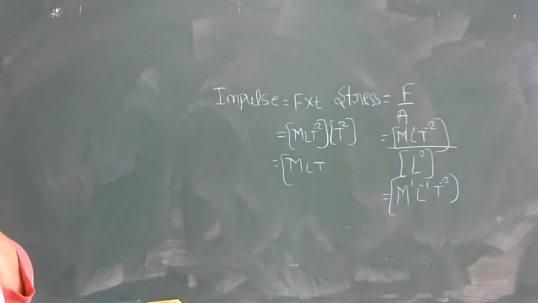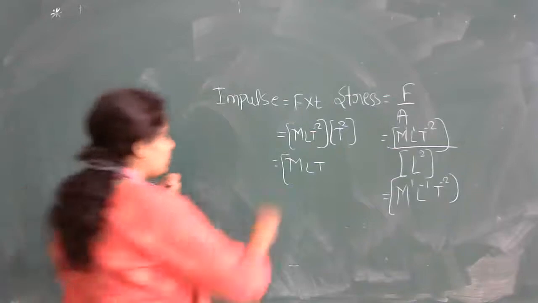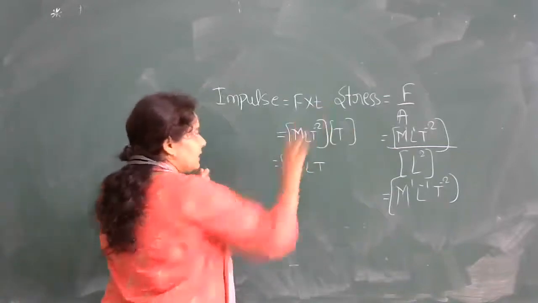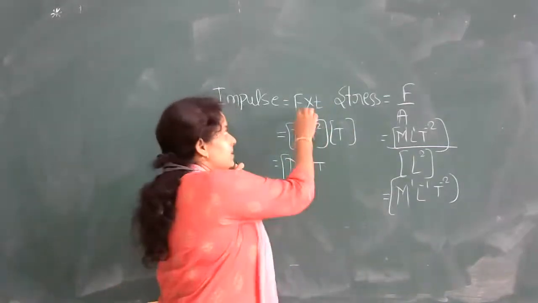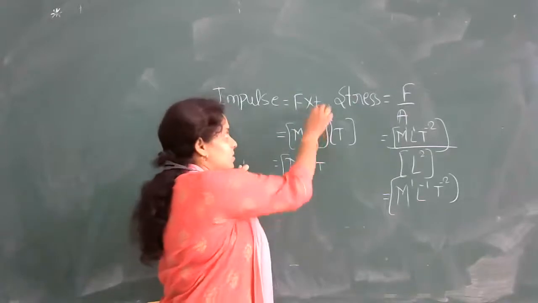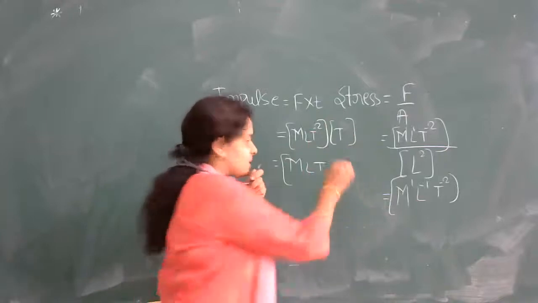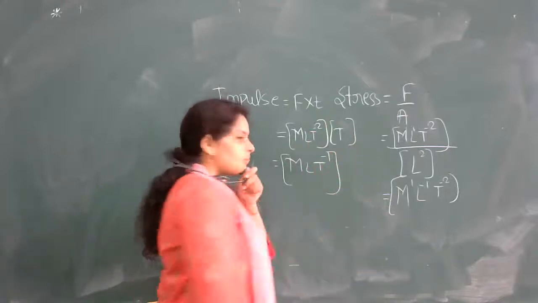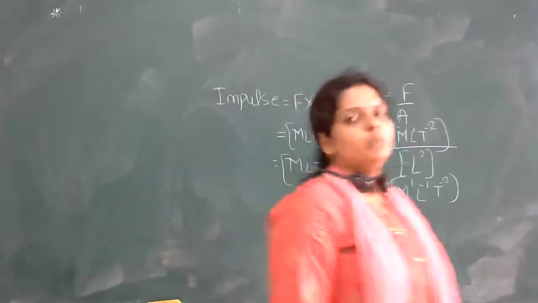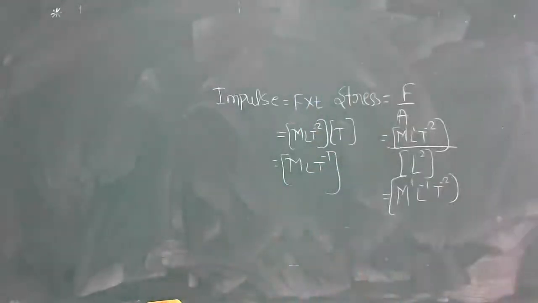One second. Here you have time, not time square. No, this is only T. Right? Force is M L T raised to minus 2. Time is T. So minus 2 plus 1 is nothing but minus 1. Understood? So this is how you write the dimension formula for a given physical quantity.